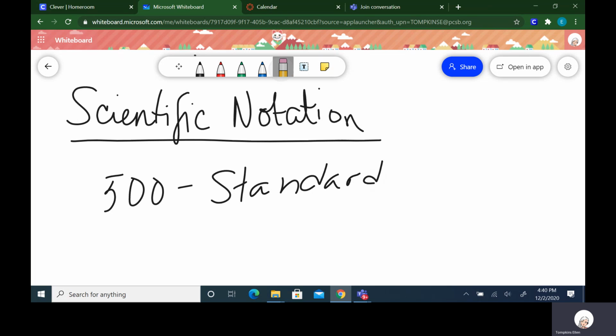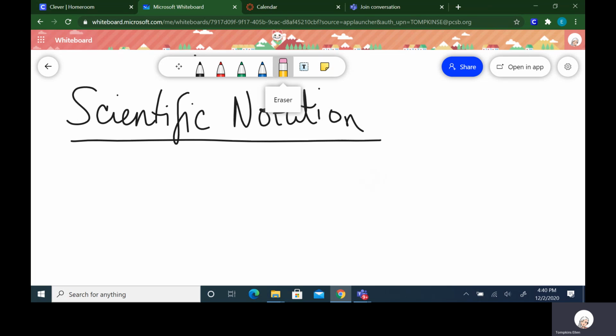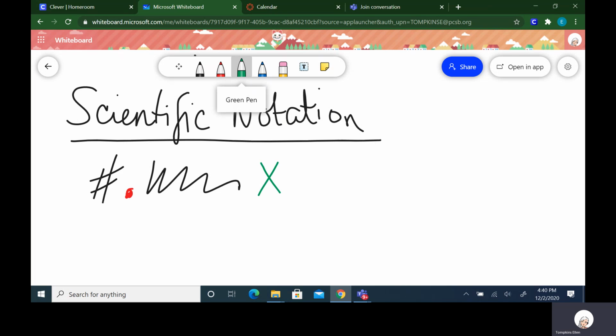notation. And scientific notation has a couple of components to it. It will have a number, a decimal point, some other numbers, and then it'll always have times 10 to a power. And that's what you need to be looking at, the power there.